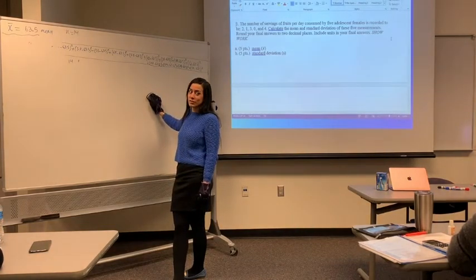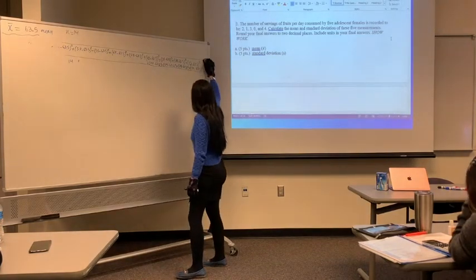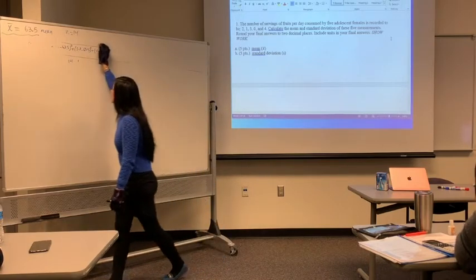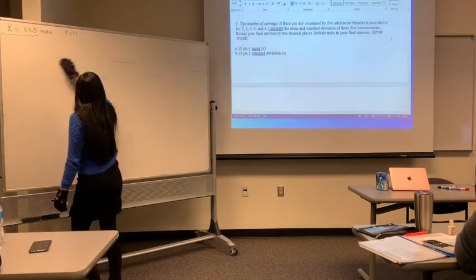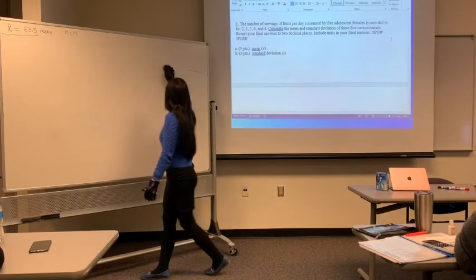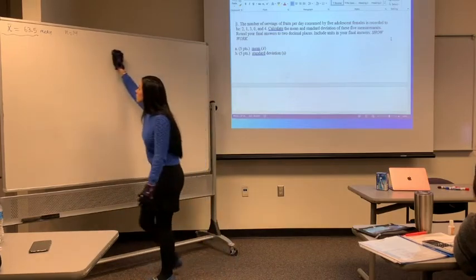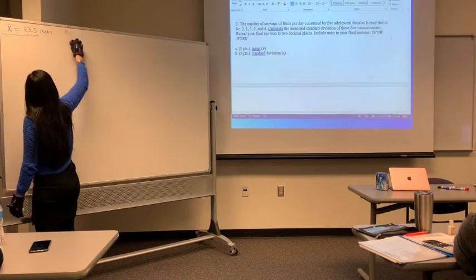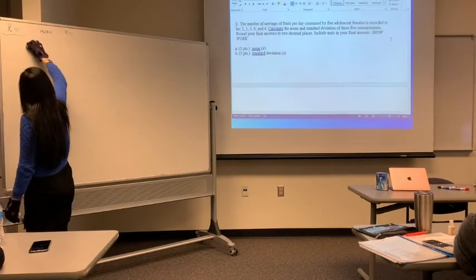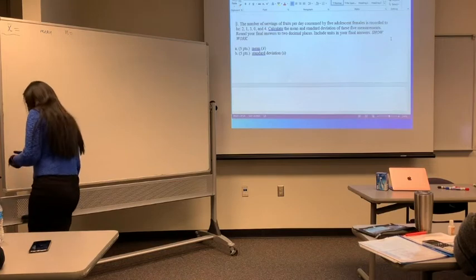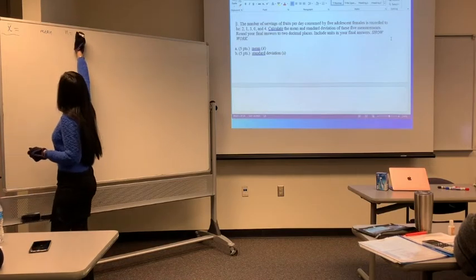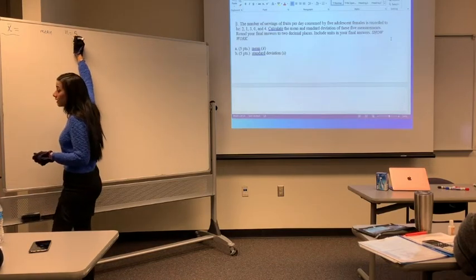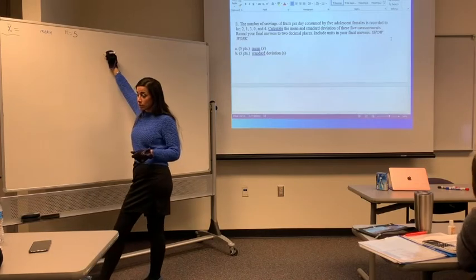Use the standard deviation formula to find it. But first we should find the mean, correct? How many observations do you have? 5. You have 5 also. What is n again? n is the number of observations.